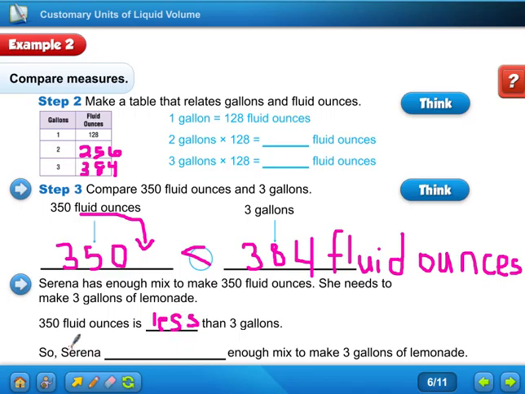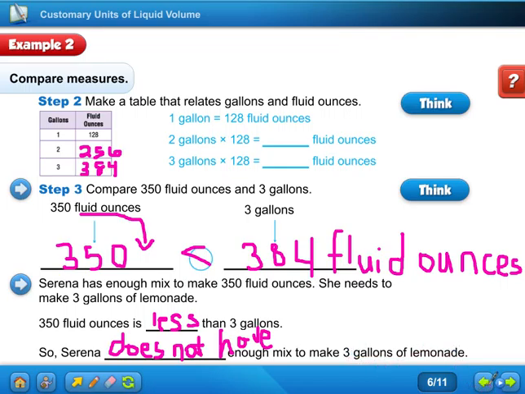Much better. So Serena, does she have enough or does she not have enough? She does not have enough to make 3 gallons of lemonade.